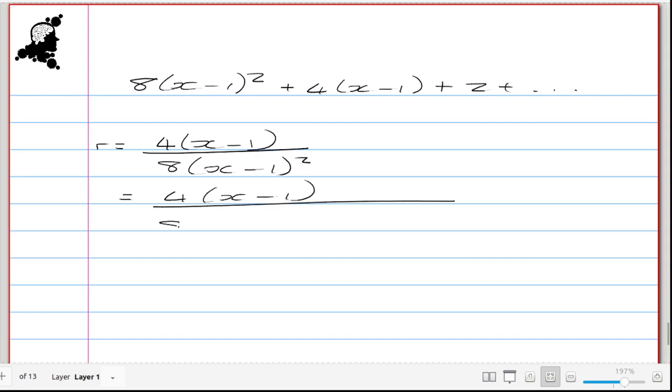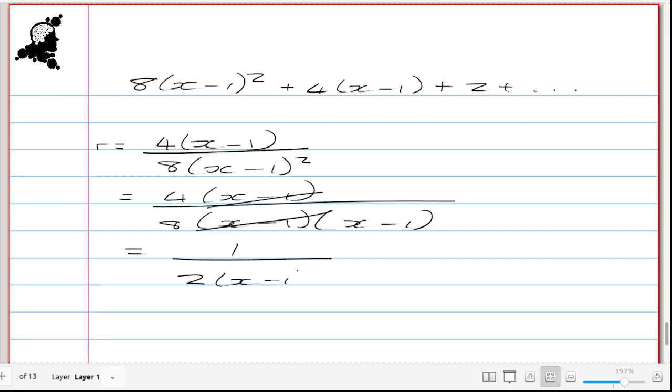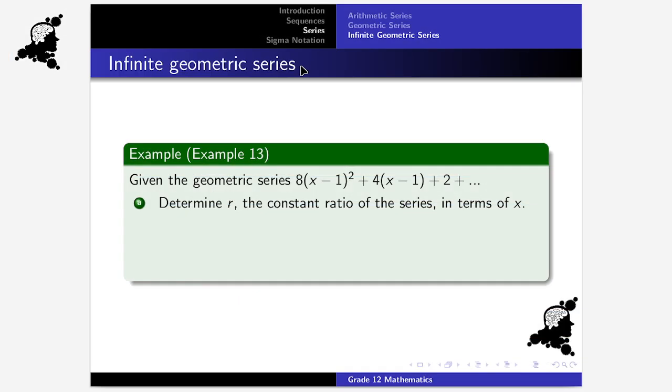Because the brackets are squared, I could say x minus 1 into x minus 1. This is going to cancel that. I remain with 4 divided by 8. That's going to give me 1 over 2 into x minus 1. This is the value of R. We are done. Let's go back to the notes.